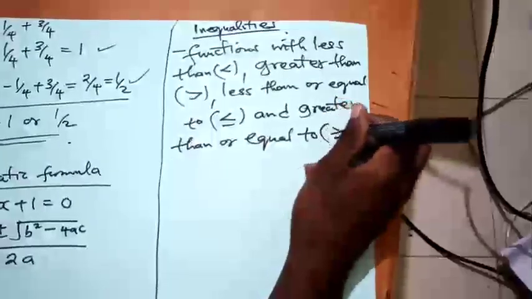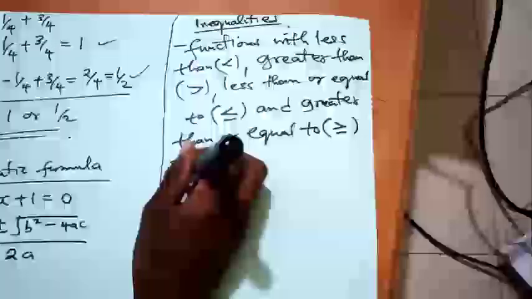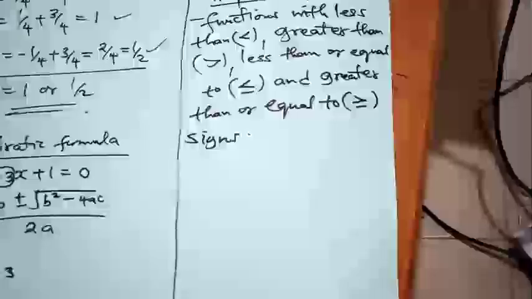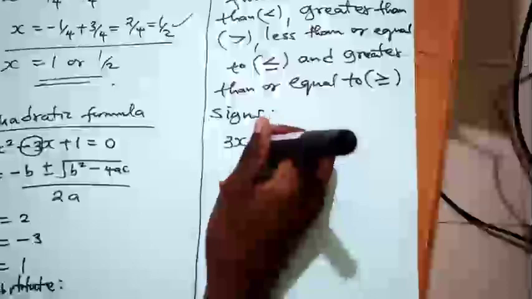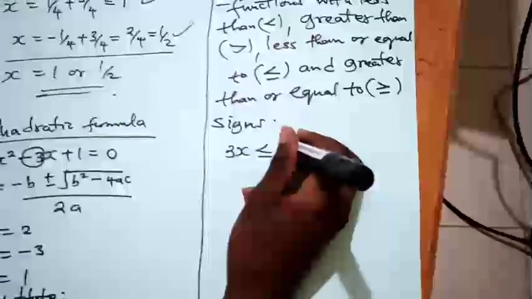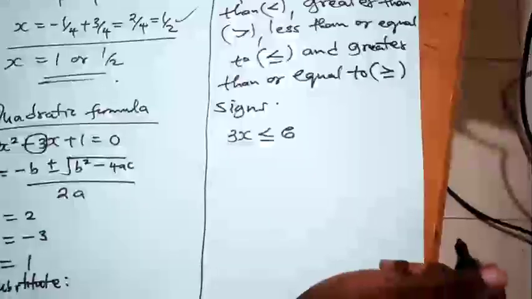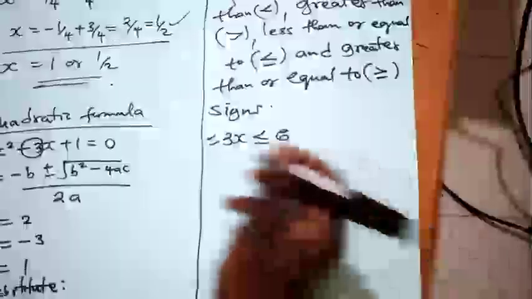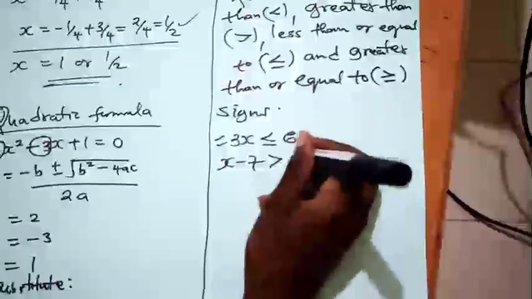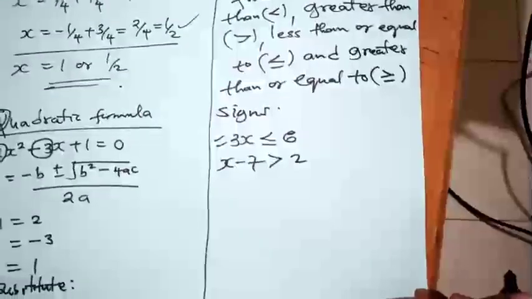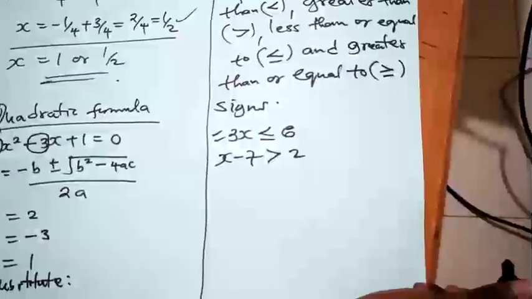So we are talking about something like 3x is less than or equal to 6. This is an inequality. Or something like x minus 7 is greater than 2. That's an inequality. So how do we solve inequalities?